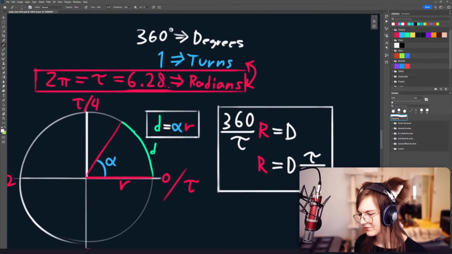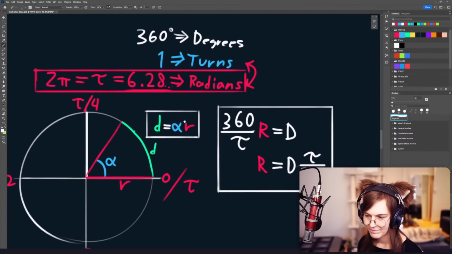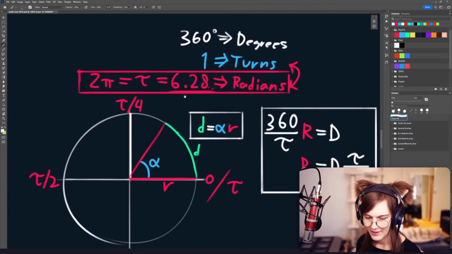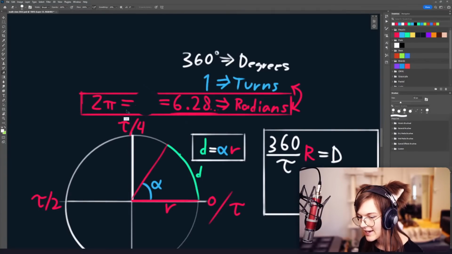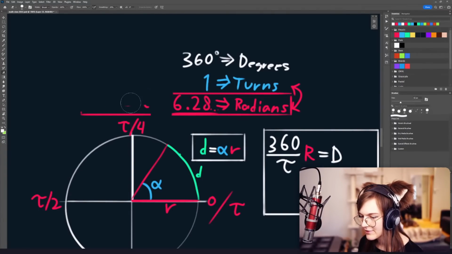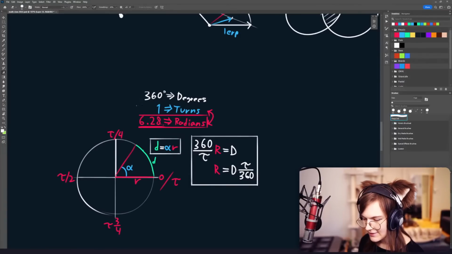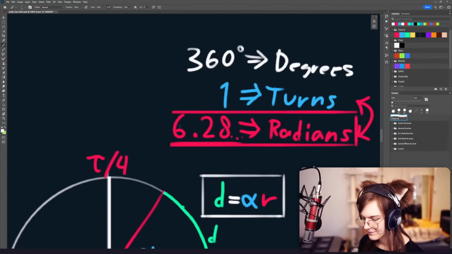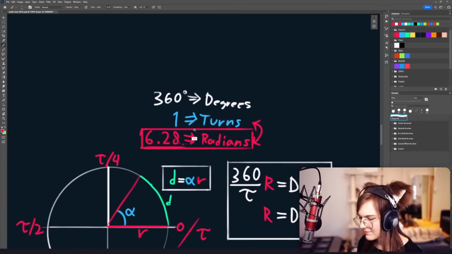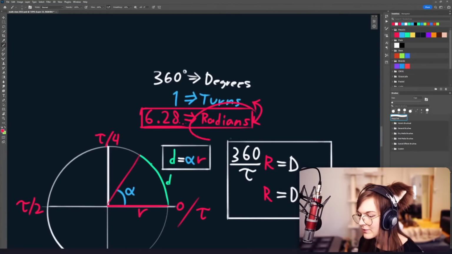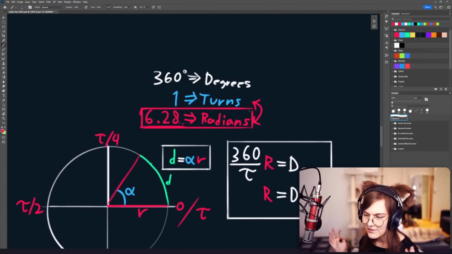I think the crucial thing to remember, as I mentioned before, is that using the constant tau or the constant pi is all optional. The only real definition here is that a full turn in radians is this specific number, right? And that's all radians are. They're just another unit.